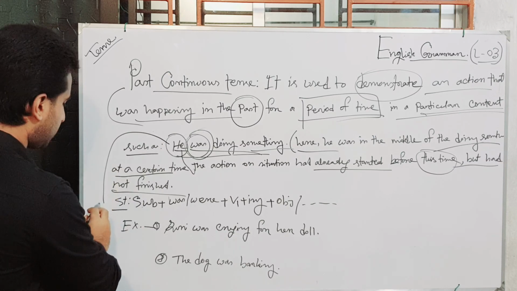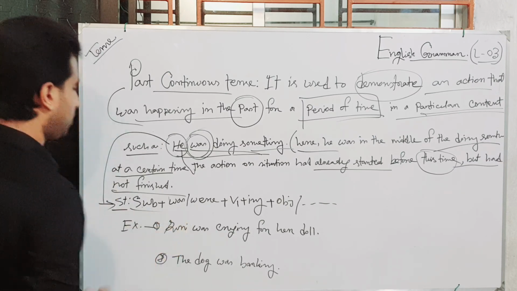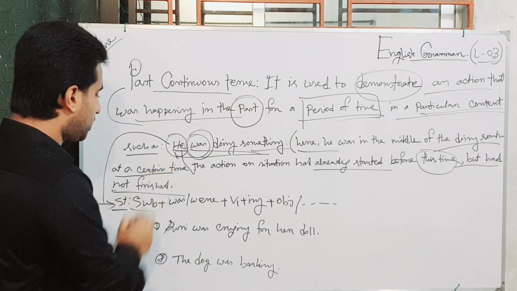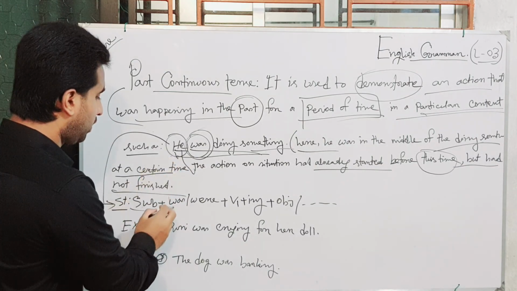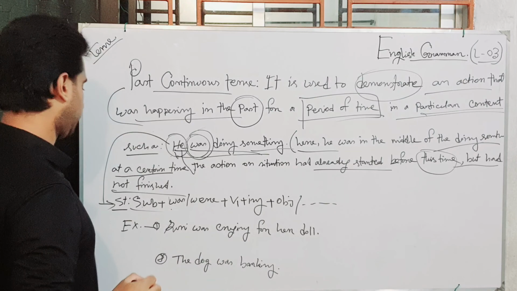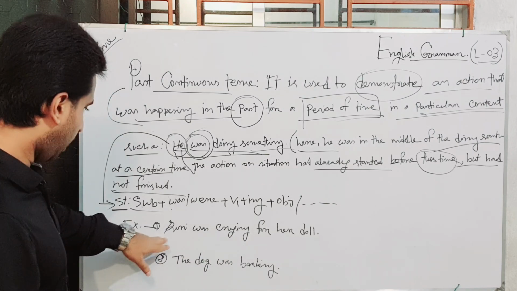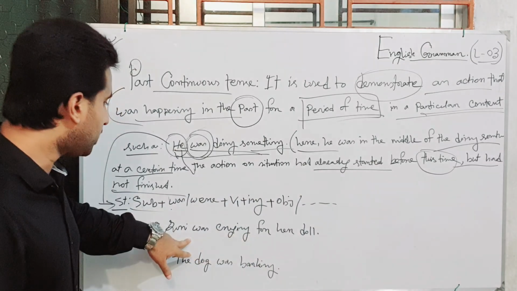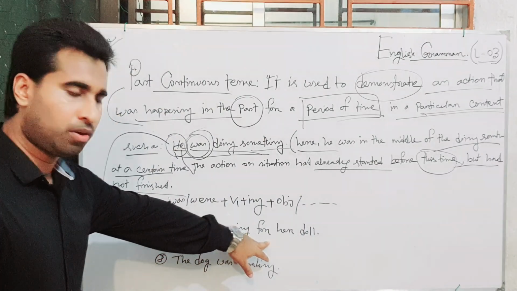This sentence follows this structure. Here he is third person singular, so he deserves was. Here is another example: Rooney was crying for her doll.